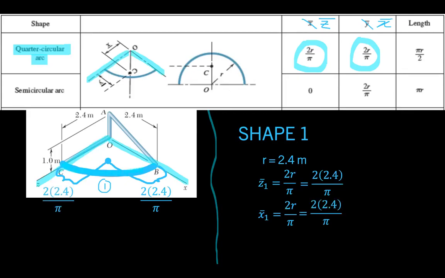We also want to define the length of the quarter circular arc. So the length of the quarter circular arc is equal to pi r over 2, as we see in the diagram above, right over here. So let's move on. That is in turn equal to 2.4 pi over 2.